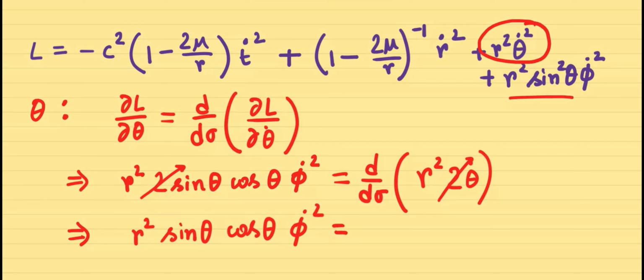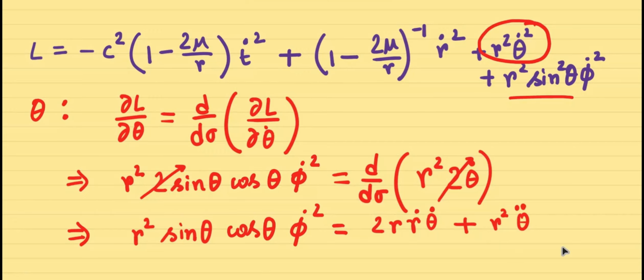On the right hand side, both r and theta dot depend on sigma. So first we differentiate r squared. So what do we get? We get 2, and then we have r, and then r dot theta dot, plus then we leave r squared alone, and theta dot when differentiated becomes theta double dot.